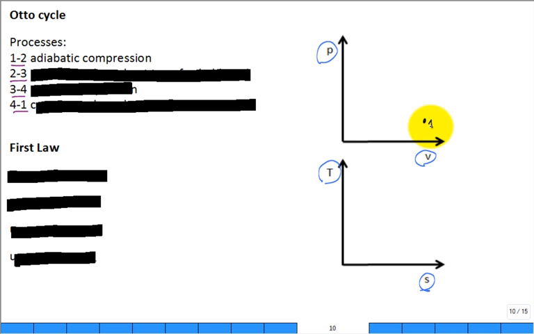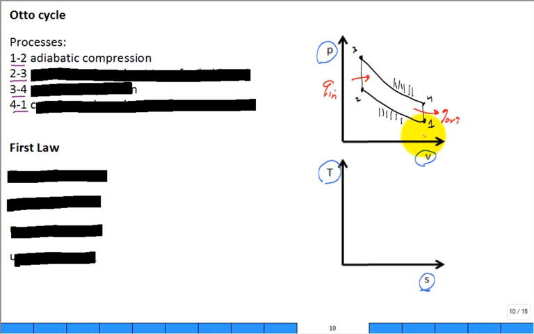You put state 1, you compress to state 2, you go up to state 3, down to state 4, then heat rejection. Sometimes they'll put lines like this. What's that indicate? It's adiabatic: adiabatic power stroke as well as adiabatic compression. Sometimes they'll put Q in here, and Q out here. But we know that by our sign convention, Q out is negative.